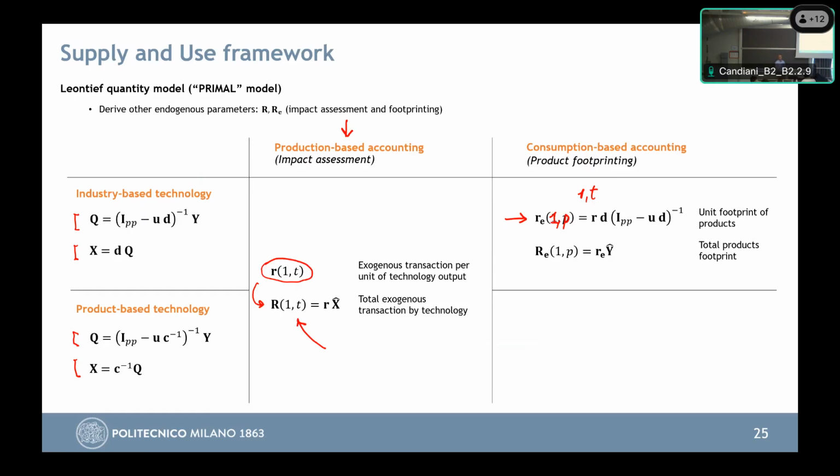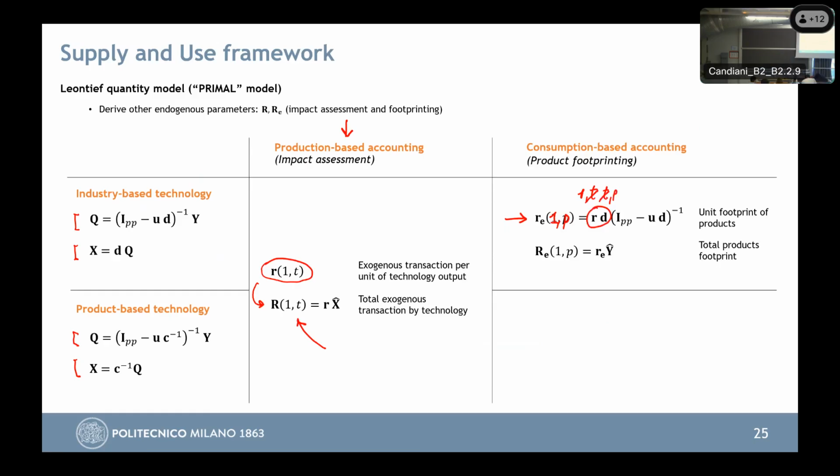In other words, I'm just allocating the way each technology is producing emissions, for example, when a product is invoked. So I'm post-multiplying R by D, and remember that D is technology by product. So you see that now this RD has the shape of 1 by P. So the environmental transactions are now expressed by product.